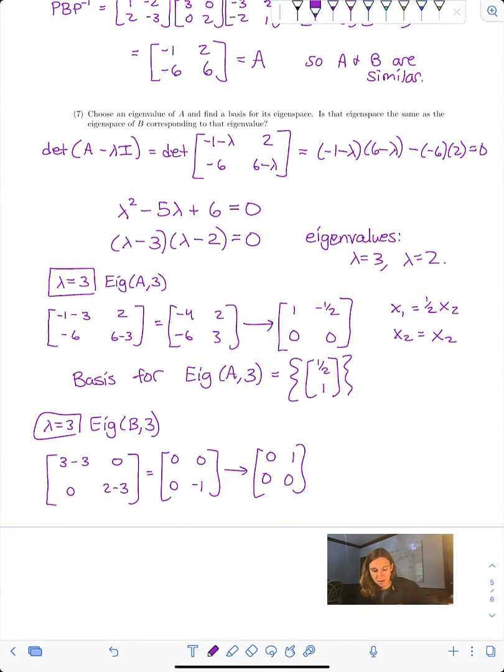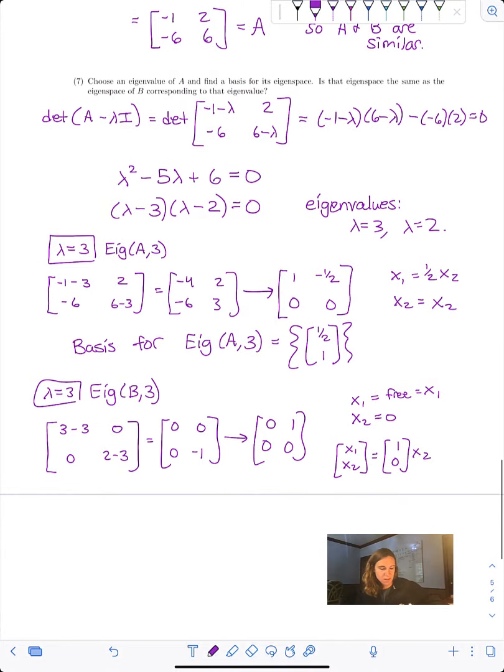And so we get x2 equals 0, and x1 is free. If we wanted to make a vector for this, x1 equals itself and x2 equals 0. These are all of our solutions. And so a basis for the eigenspace of B for eigenvalue 3 is the vector (1, 0).